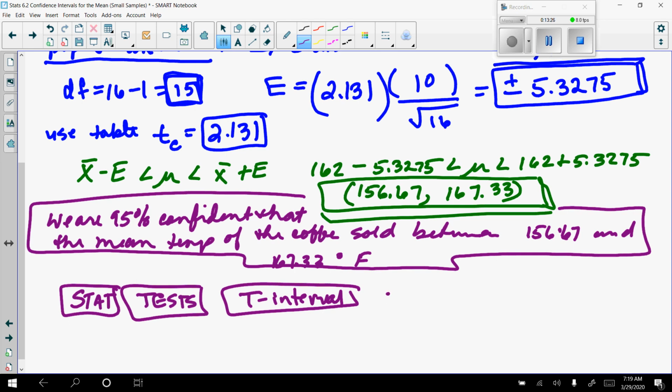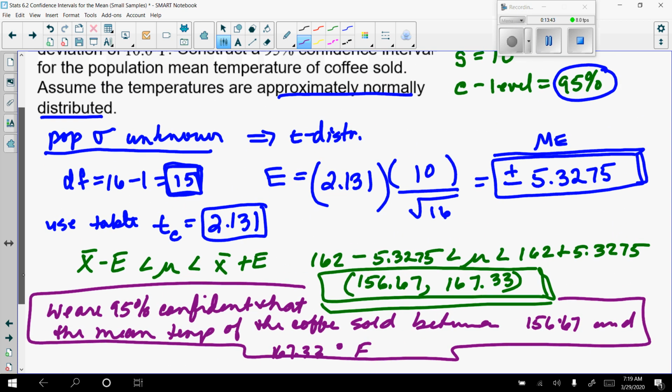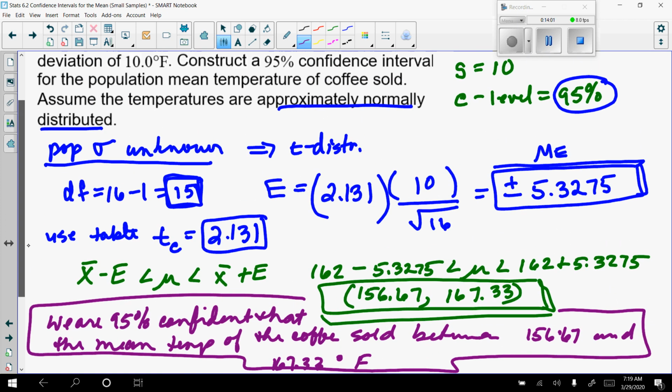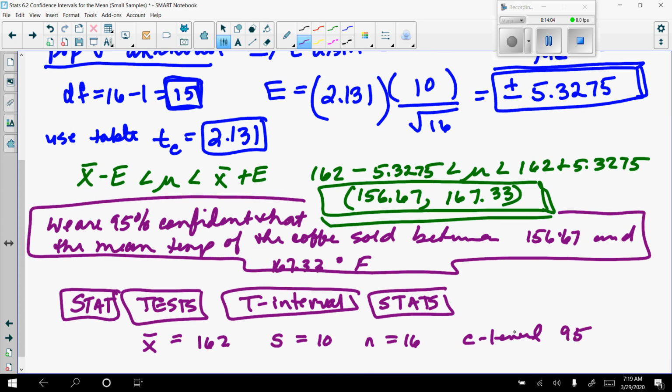Within your T interval you want to use your stats, and you want to put in your x bar, which was 162, our sample standard deviation was 10, our n was 16, and our C level was 95. And when you calculate it, you're going to get exactly that same interval.